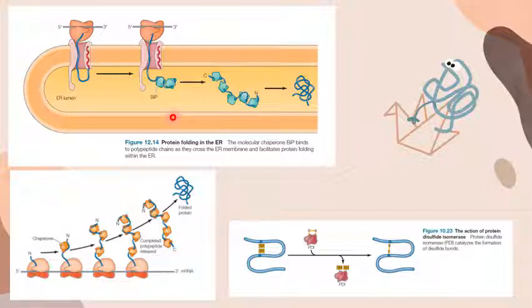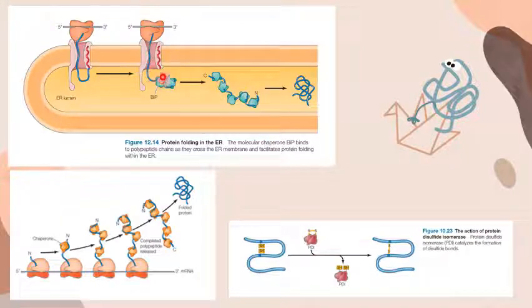And they will also have proper disulfide bonds added to them by the PDI, which is protein disulfide isomerase. So this is how it's folded.